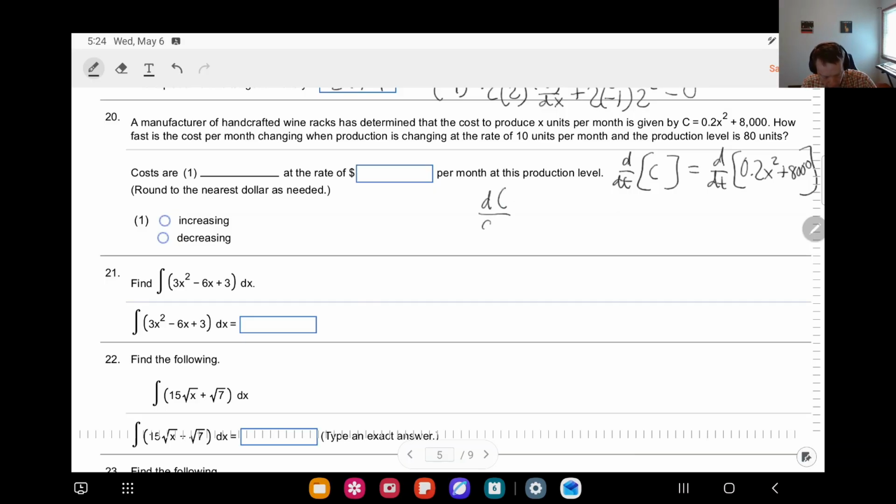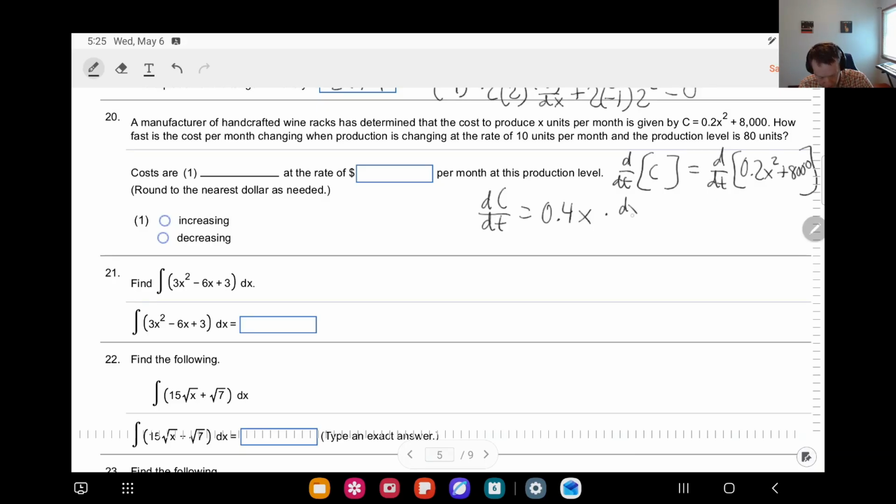The derivative of cost with respect to time. That's what the problem's asking for, by the way. Is, all right, we take this part, bring the 2 down. So 0.4 x to the first. But remember, my main variable here is time.